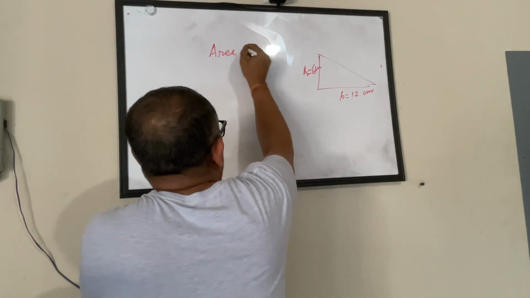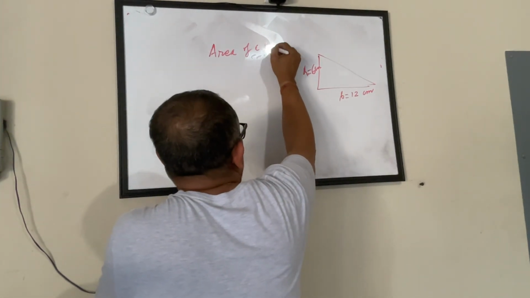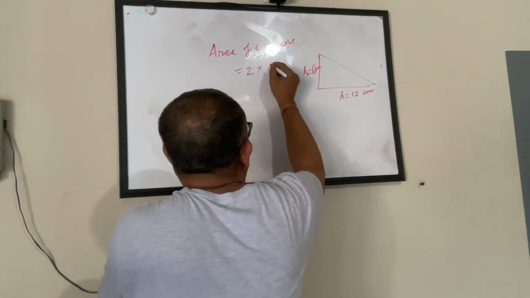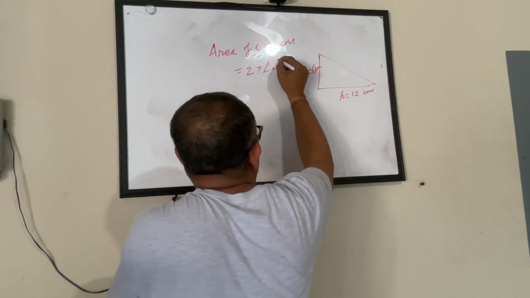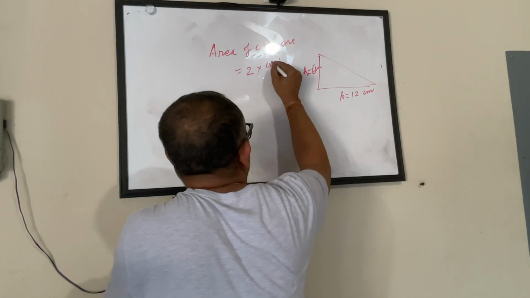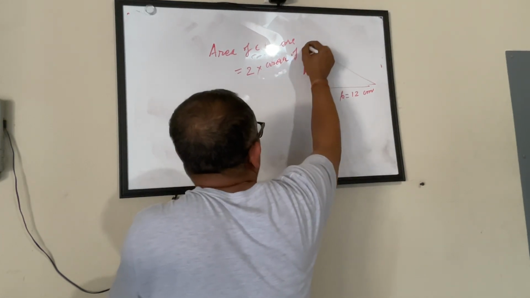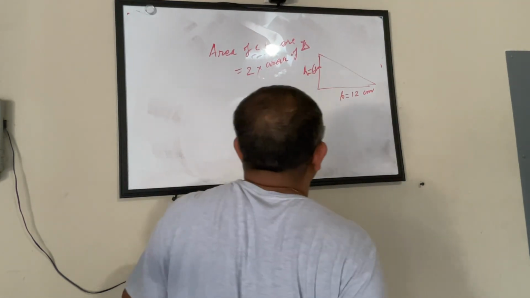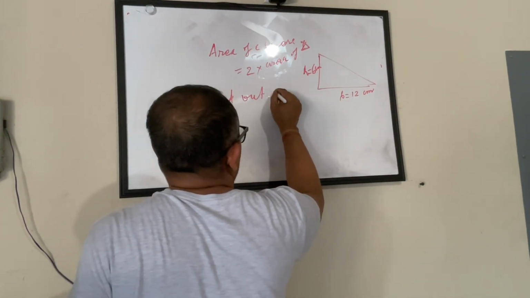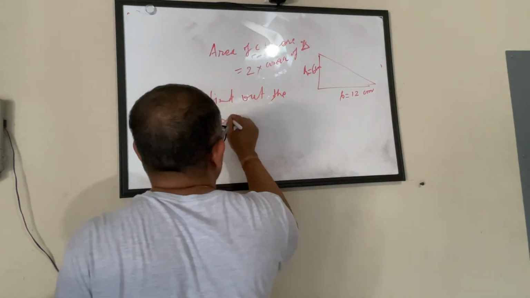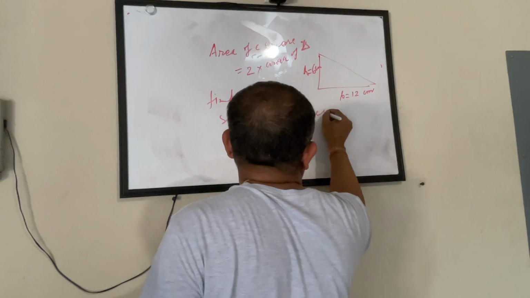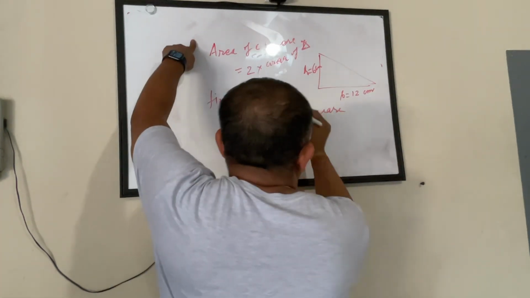Area of a square is 2 times the area of this right angle triangle. Find out the side of the square above.